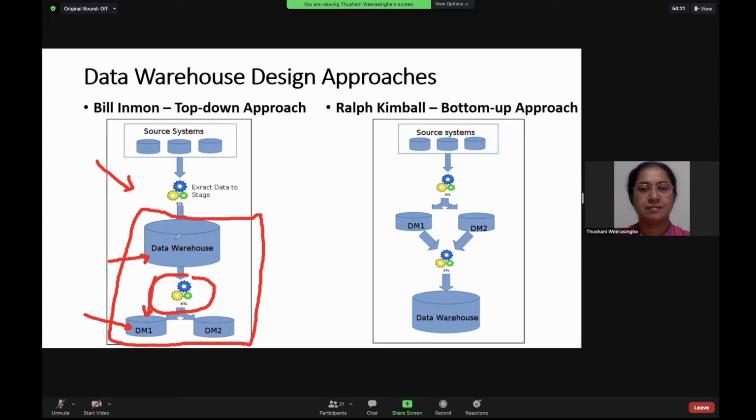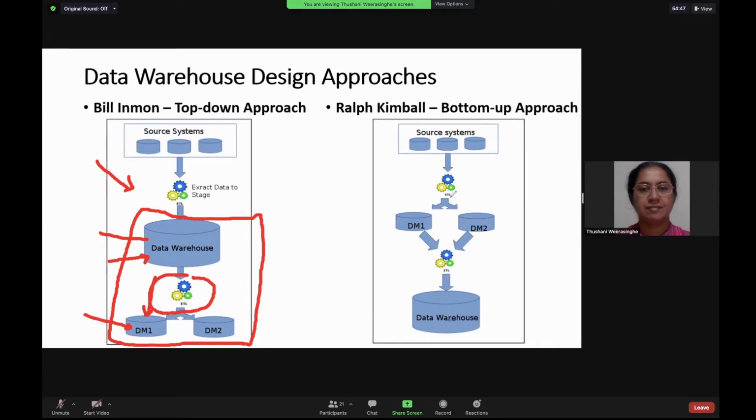The data warehouse is sending the data to the data marts, so we have to run the ETL processes. Then you have to retrieve data, the queries need to be run, and you have to separate the data and put it in the data marts. So this is top-down, because it goes from the data warehouse to the data marts.